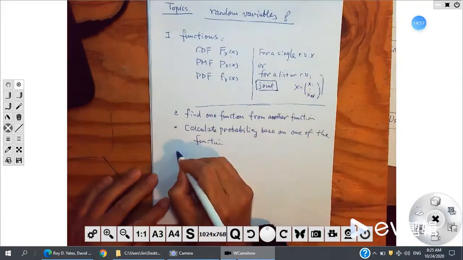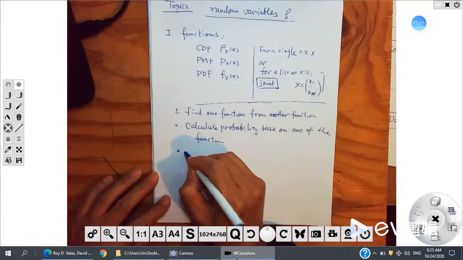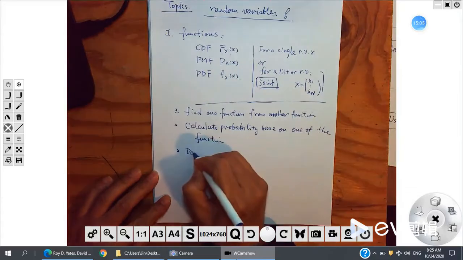And the third one, maybe you have some parameters in these functions. You need to determine the parameters.